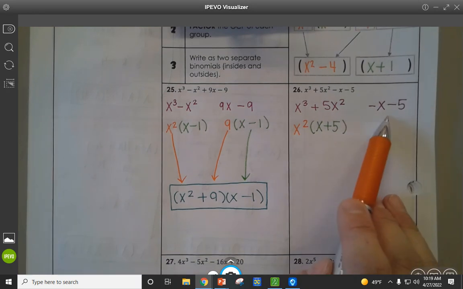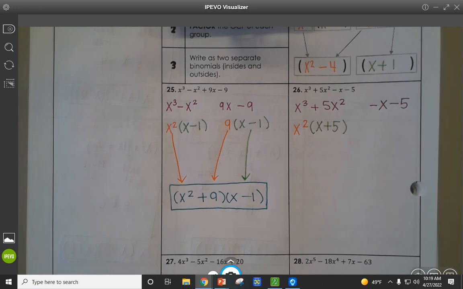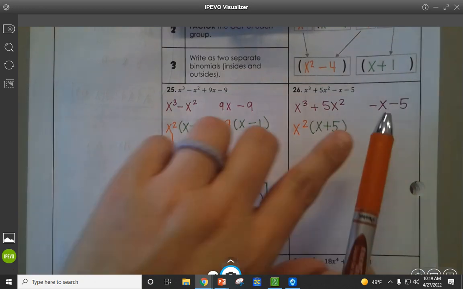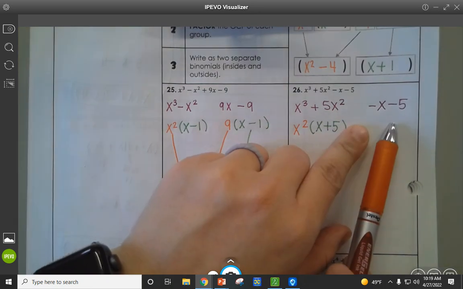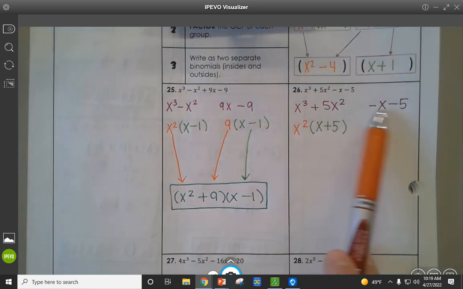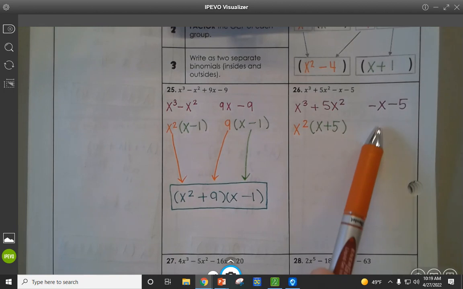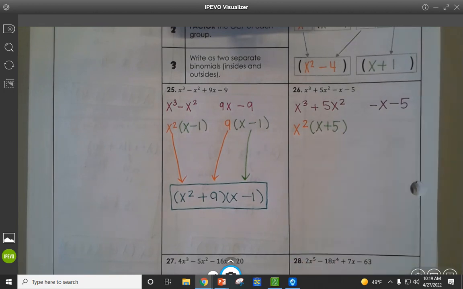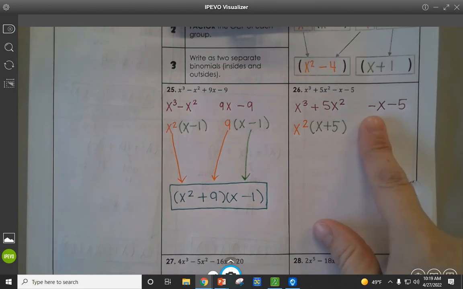What's the GCF over here? They don't really have anything in common, but we can't leave it blank. So if something really doesn't have a GCF, we would put 1. But what do I need to put? Negative 1.